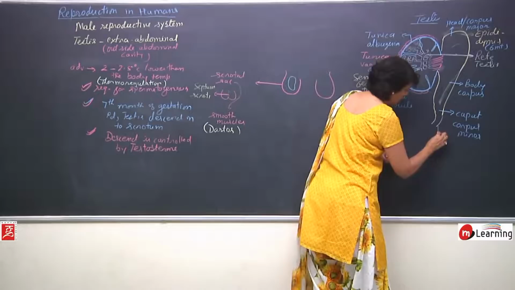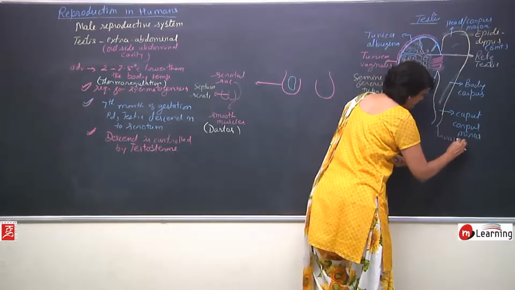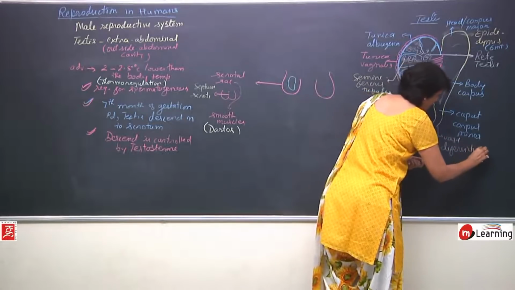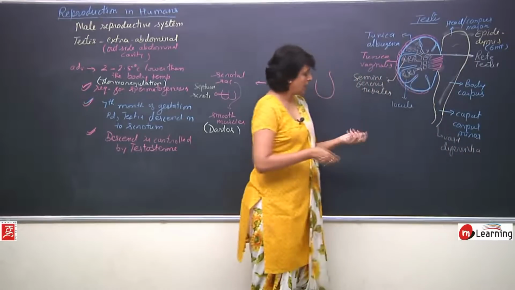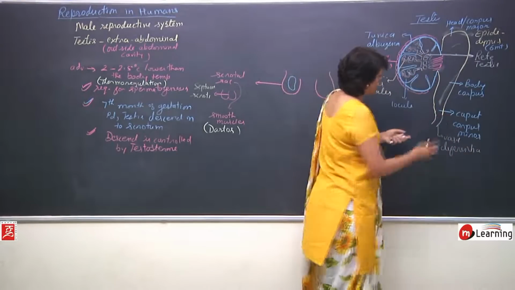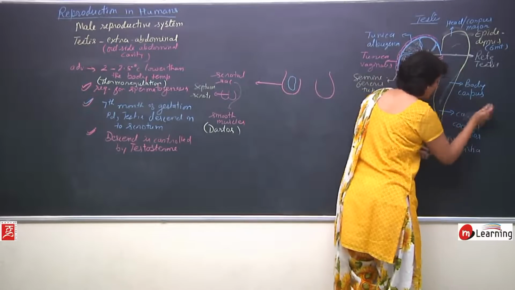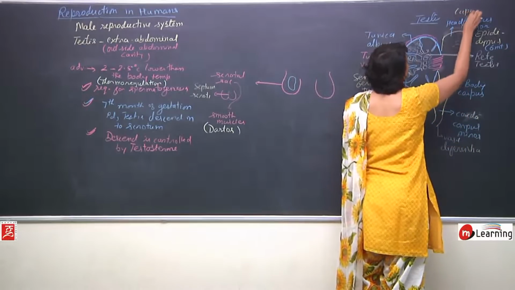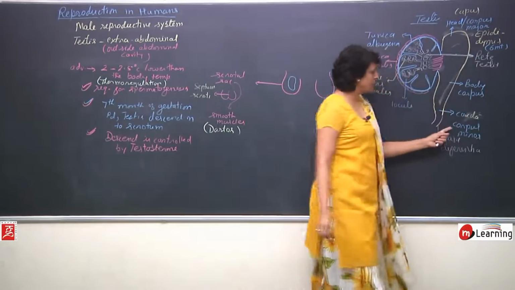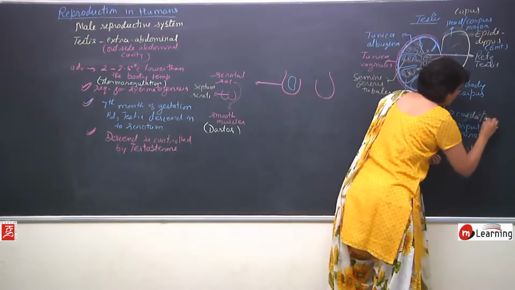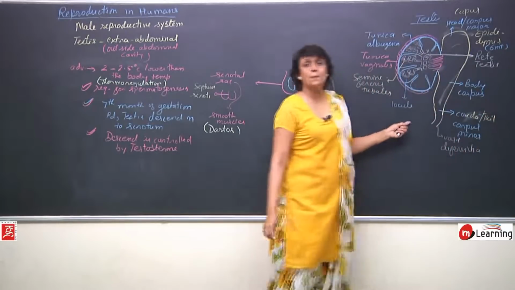So we have shown a color change. Sorry, this is called cauda, C-A-U-D-A. This is called caput, this is called corpus, and this is called cauda, the tail region. So, three parts.